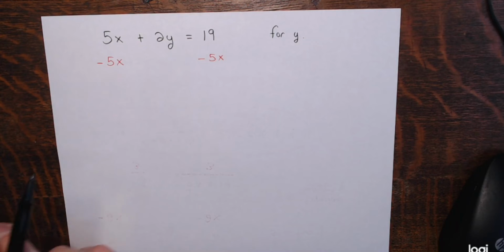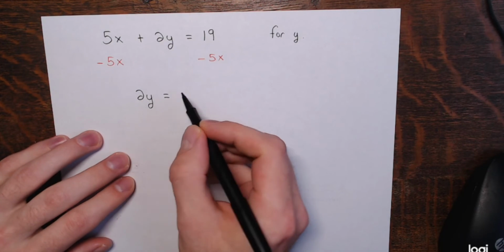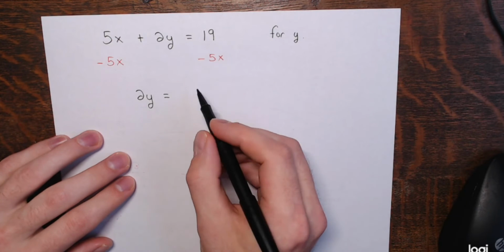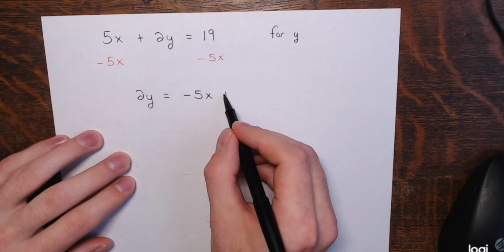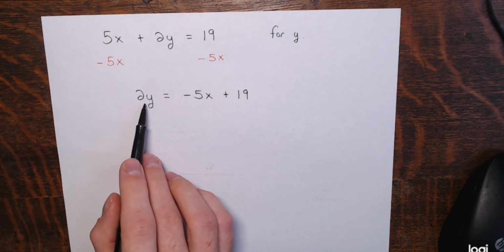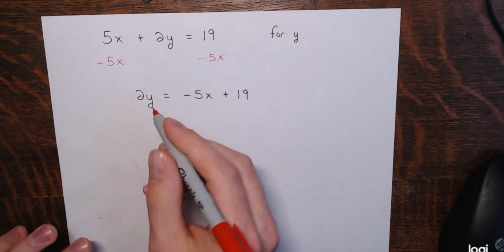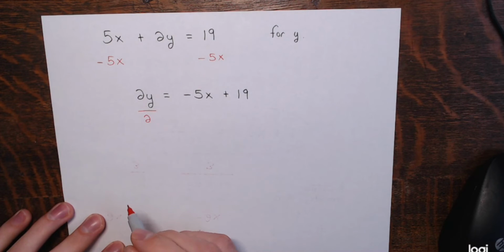So now on the left side I have 2 times y, and on the right side I have 19 minus 5x, or you could write it as negative 5x plus 19, same thing. And then finally, divide by 2 to get 1y, to get y alone, or multiply by a half, same thing.